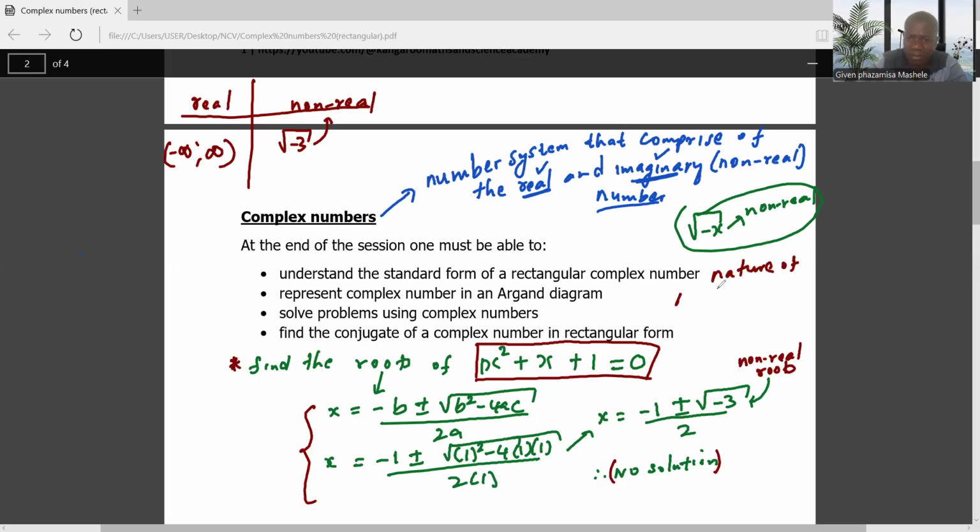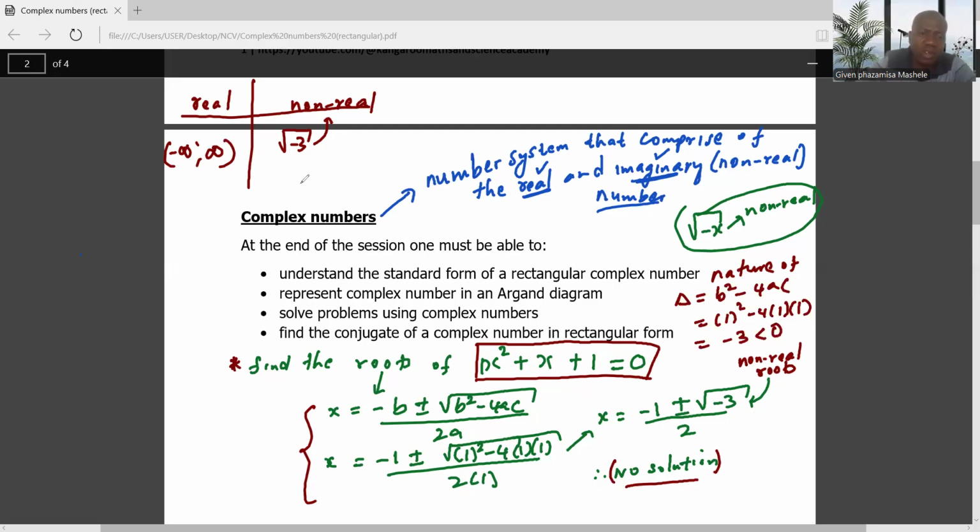The discriminant is b squared minus 4ac. This gives us whatever is inside the root sign, which is negative 3. You see that the discriminant is less than 0. We know that when the discriminant is less than 0, the roots are non-real. So in the lower grades, like grade 12, you'll say there is no solution.